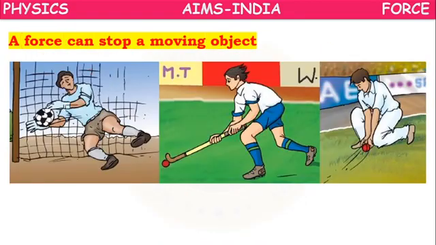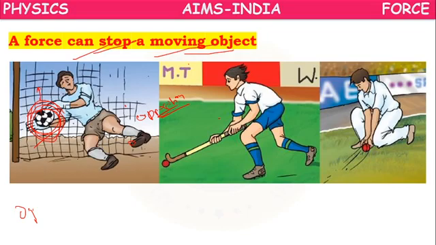Next, a force can stop a moving object. Here the goalkeeper is trying to stop the ball, or opposing the ball such that it cannot go into the goal, because the opposition team might have hit the ball this side.